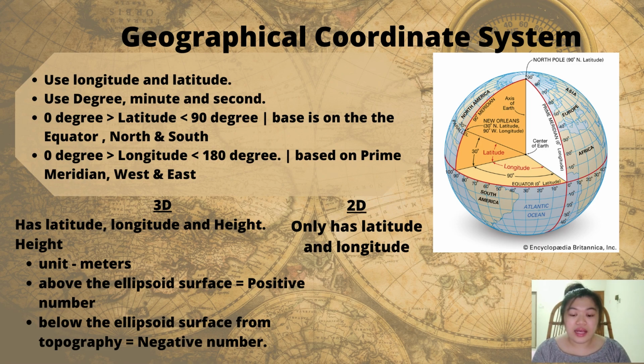If the height is above the ellipsoid surface, the number is positive. But if the topography is under the ellipsoid surface, meaning it did not reach the ellipsoid surface, it will be negative. For the 2D, it only has latitude and longitude.